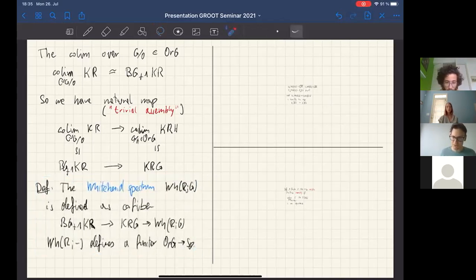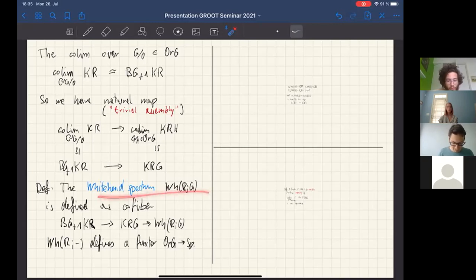In many of the geometric problems where K-theory of group rings appears, secretly the Whitehead spectrum is the one that you're actually interested in, because what's on the left here is almost trivial, like that's what comes from KR as a homology theory. That's what's nicely behaved.